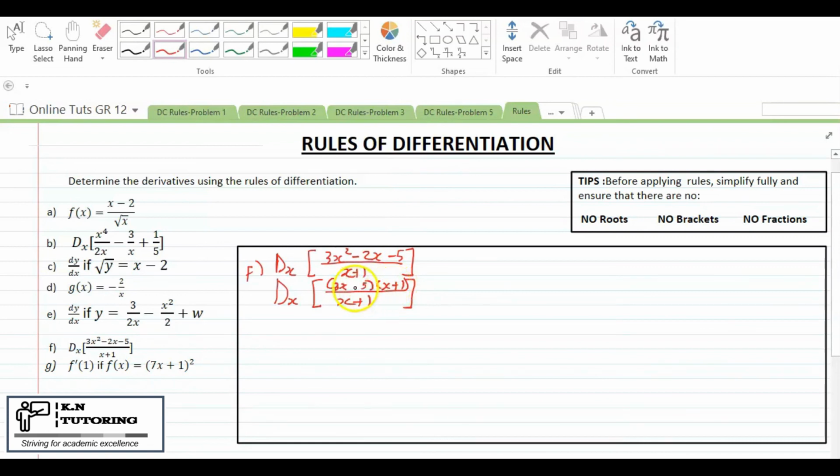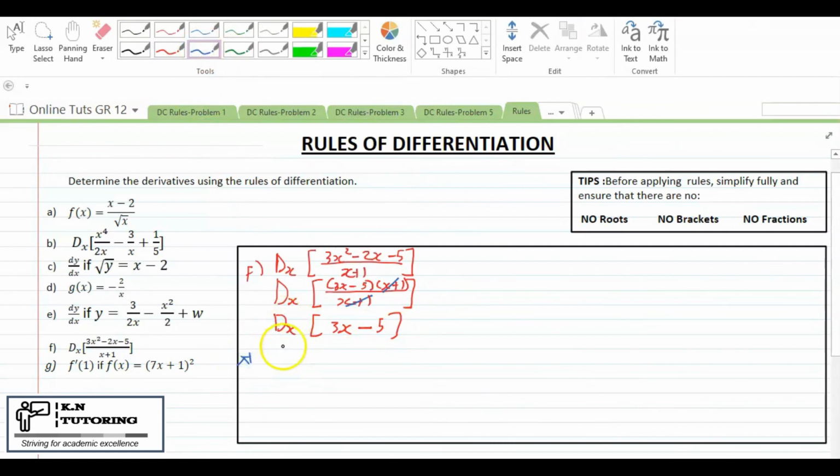Which one is the bigger number? It's 5, so it must take the sign of the middle term, so it will be minus. Then you will realize that this term will cancel that, and I'm left with d/dx of 3x − 5.